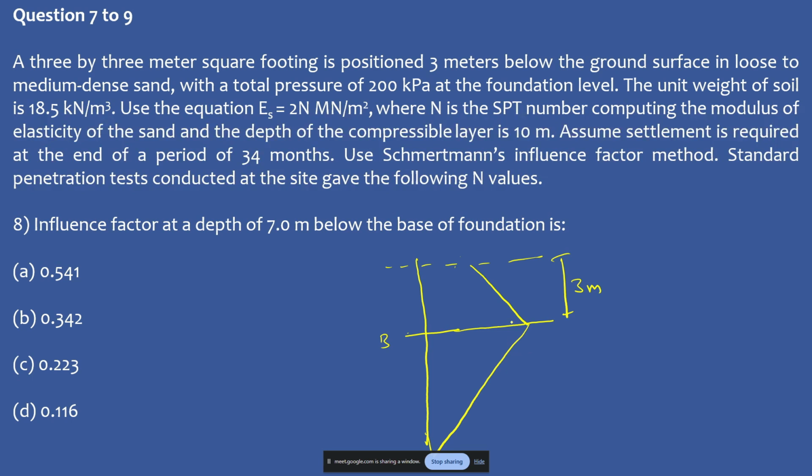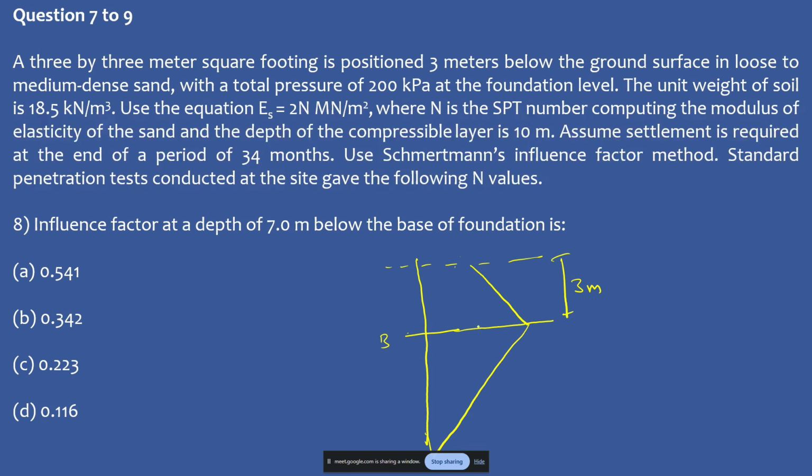That's what Professor Bedia has mentioned. For the square footing influence diagram, the coordinates at the foundation level are 0.1, so here it will be B by 2. Are you saying that? So below the base of the foundation it's 1.5 meter, is it?